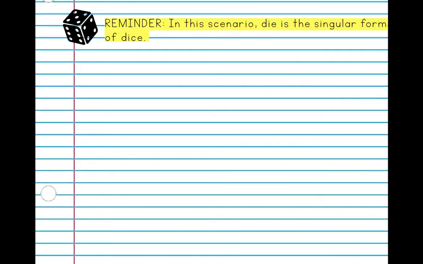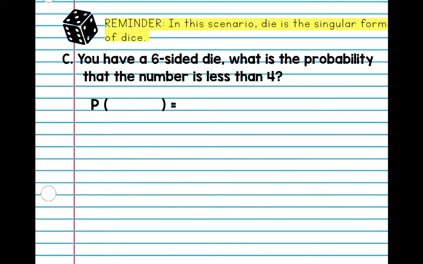All right, so let's do one more situation. In this scenario, we are using a die, which is just one dice. You have a six-sided die. What is the probability of that number being less than 4? So our event is a number less than 4. In this case, you can write n is less than 4.